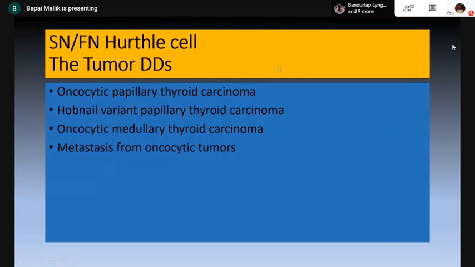Not to forget that there are a number of tumors which come under differential diagnosis: oncocytic papillary thyroid carcinoma, Hürthle variant papillary thyroid carcinomas, and there could be oncocytic variants of medullary thyroid carcinoma, and even metastatic tumor with oncocytic features should be kept at the back of the mind.